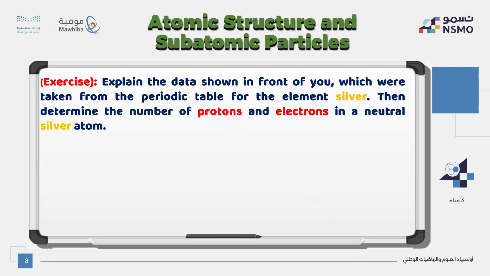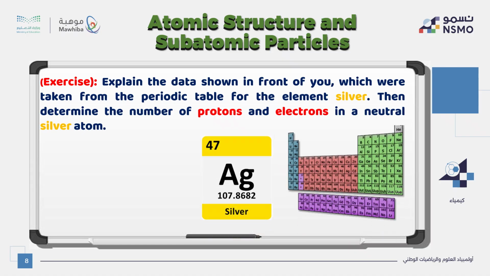Now we have to explain the exercise using the periodic table data for silver. The element shown is silver, with the chemical symbol Ag. The atomic number of silver is 47, which means it has 47 protons.